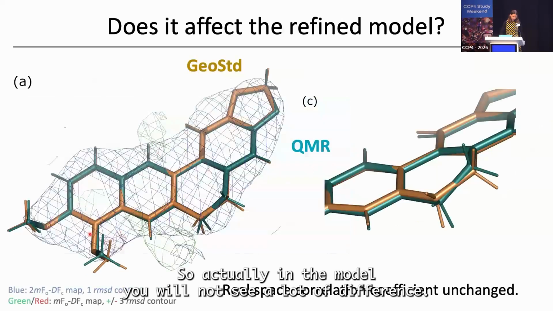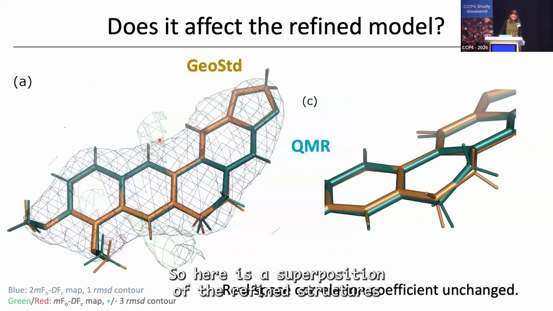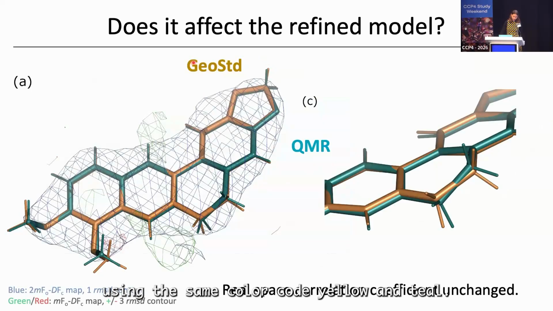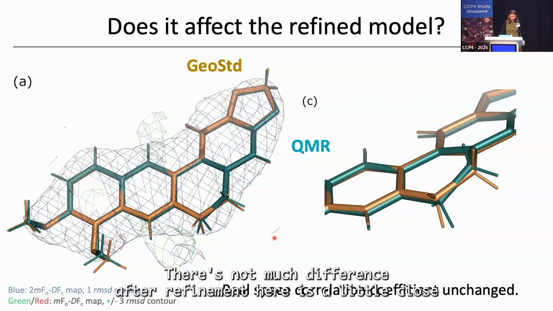Actually, in the model, you will not see a lot of difference. Here is a superposition of the refined structures using either the geostandard restraints or the QMR restraints, using the same color code, yellow and teal. They are superposed very much, so there's not much difference after refinement.